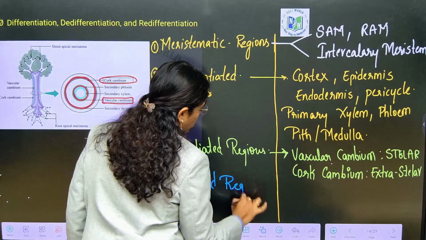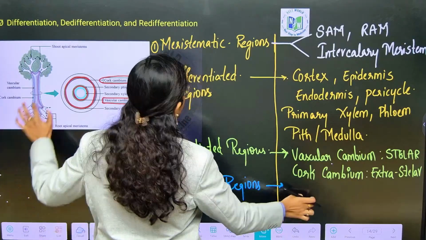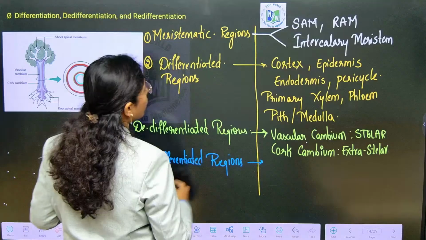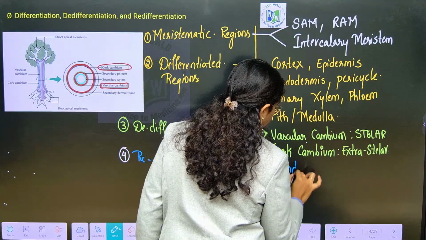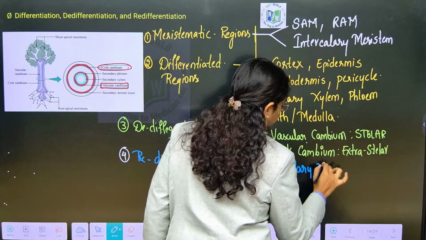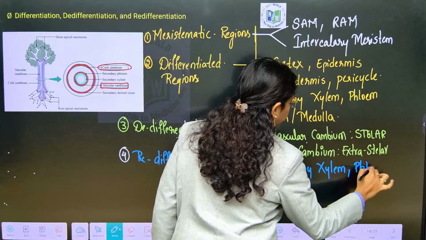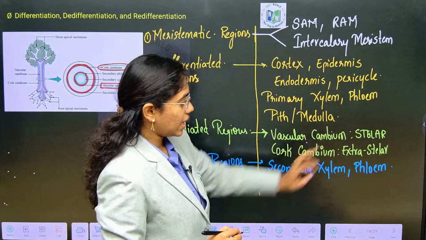And the regions include secondary xylem and secondary phloem in the vascular or stellar region.